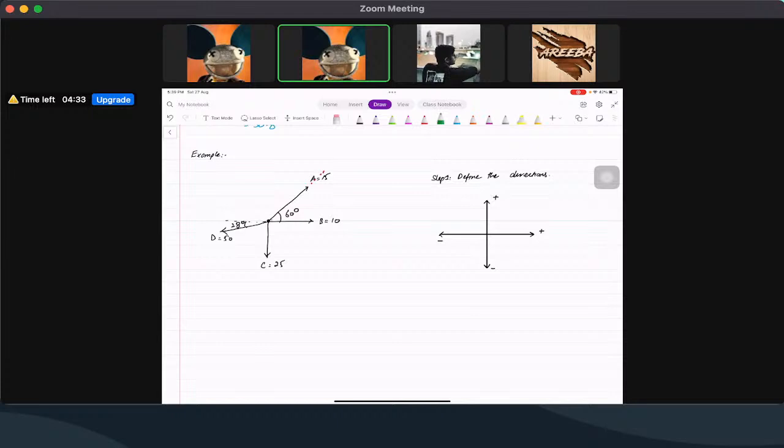One of the components will be right, and the other one upwards, Ariba. If you are going towards this direction, the components are going to be right and up. Do you understand?